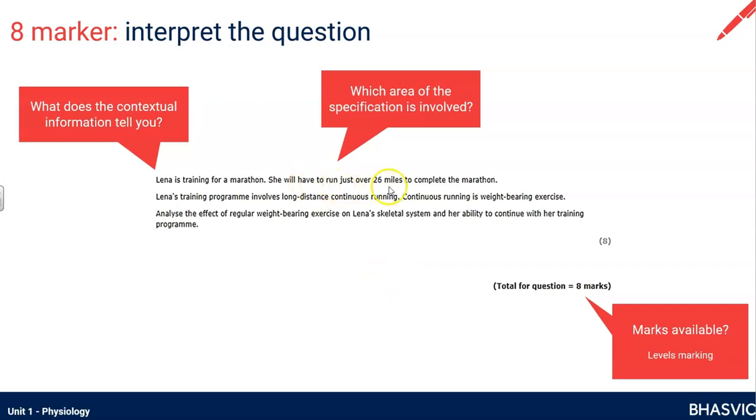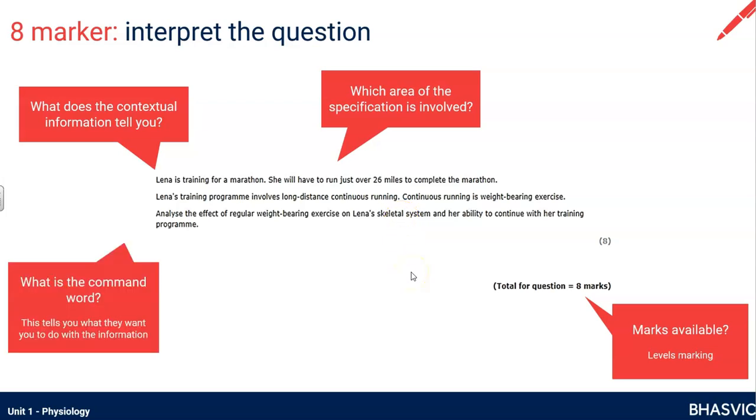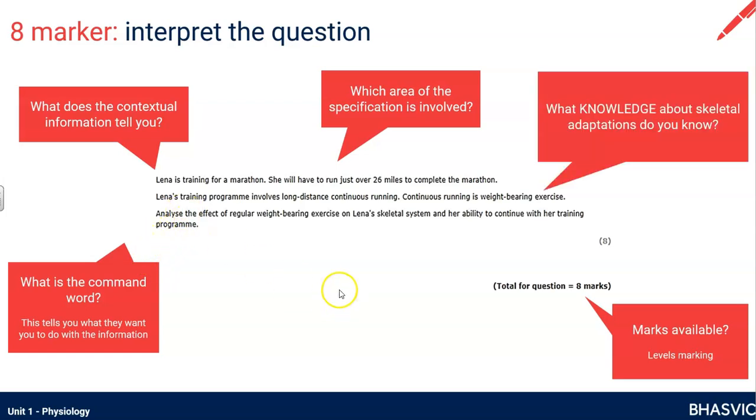It gives you a sense of the sorts of things that it might link to in the specification. There's a command verb or command word. It gives you hints or might give you some information about the knowledge within that body system that you might need to know about.